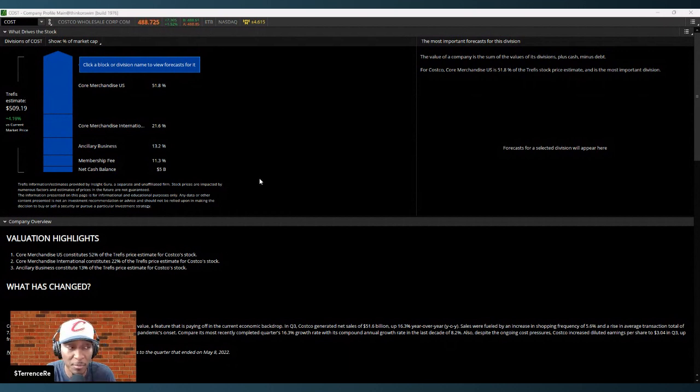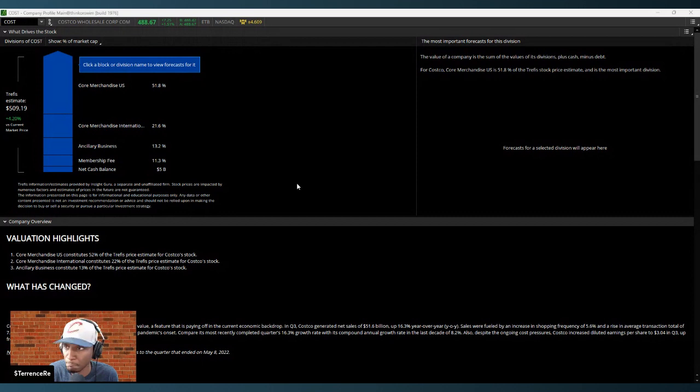This is what the company profile looks like when you go to that options tab and then click company profile. It's telling us we got a Trefis estimate on here of 509. We're currently at 488. You could use that as a price target, that's up to you.